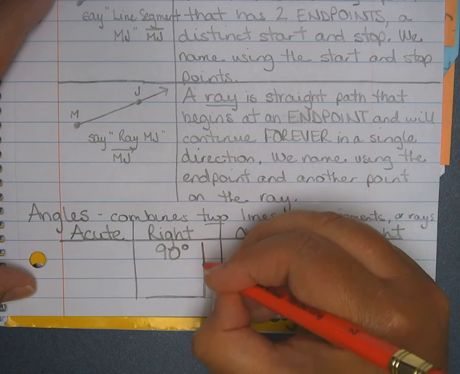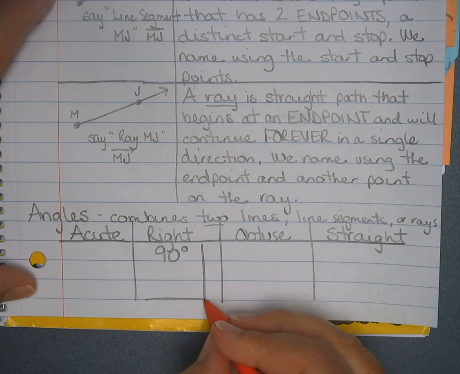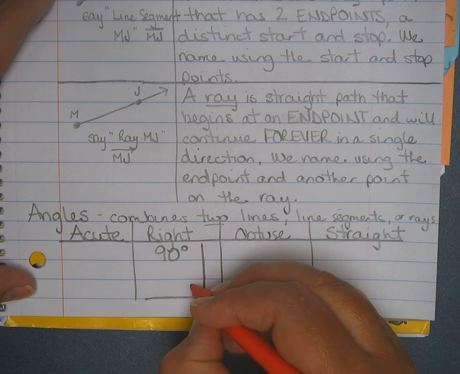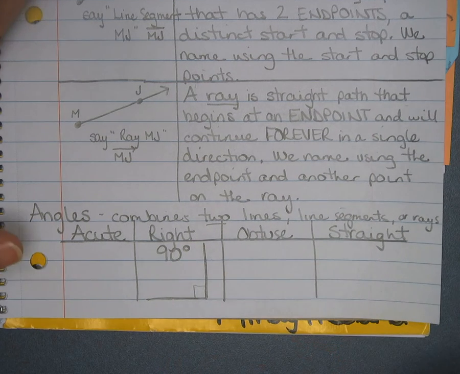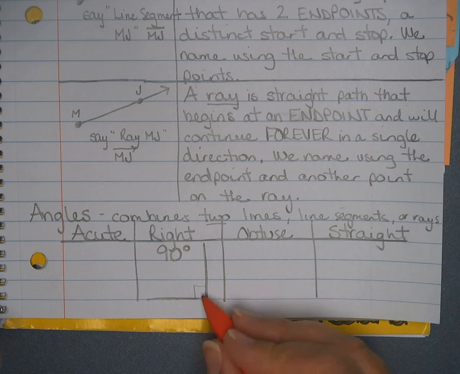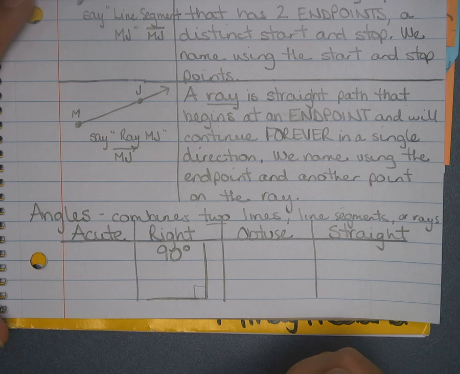Sometimes we call this vertex where they meet a square corner, and we indicate that by putting a small square in the corner, saying that my drawing is the best that I could do, and I'm indicating an exact 90-degree angle by using that square.